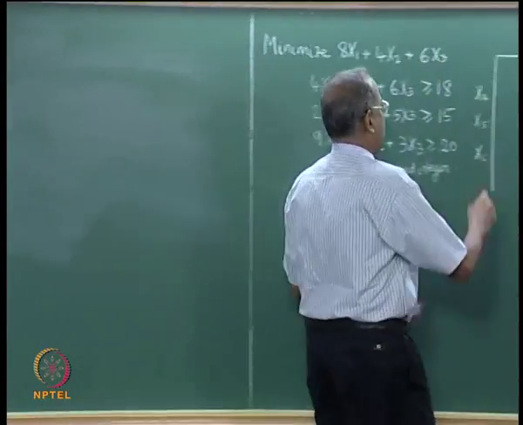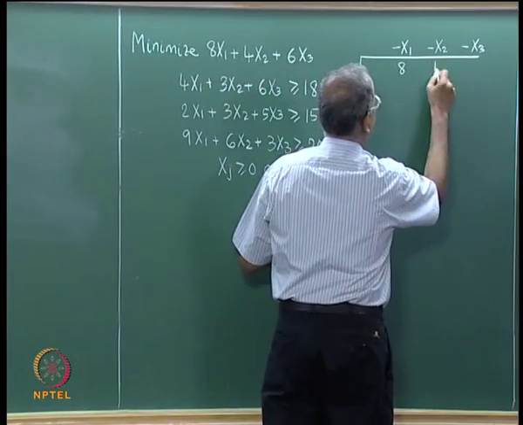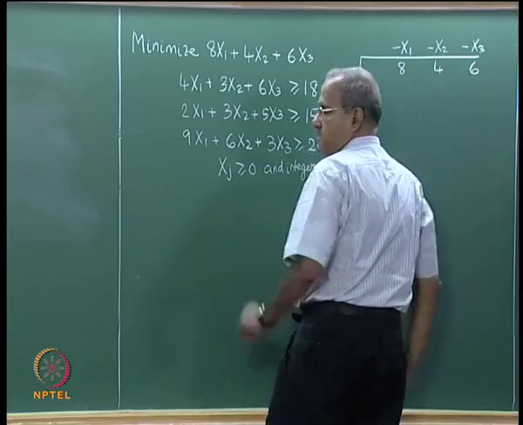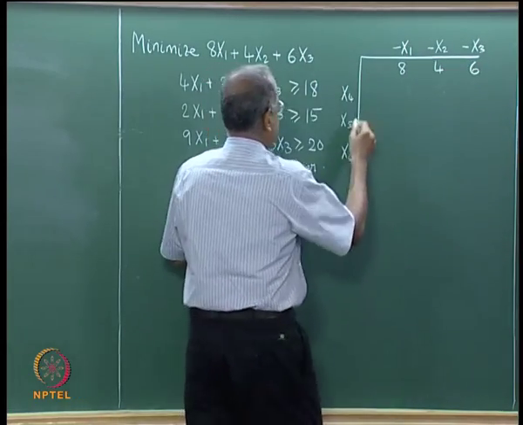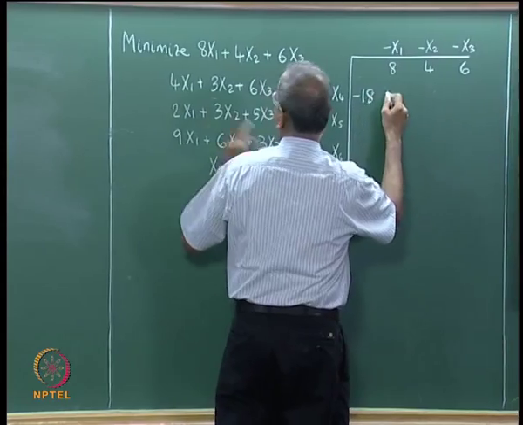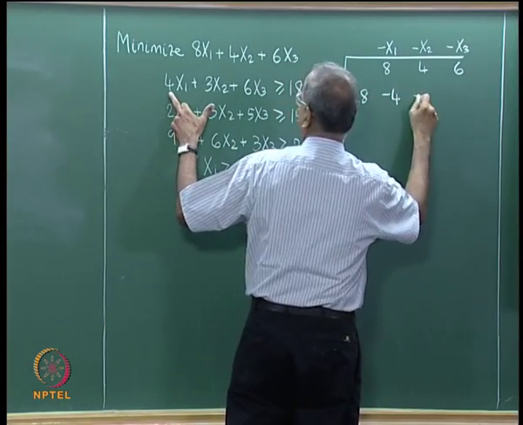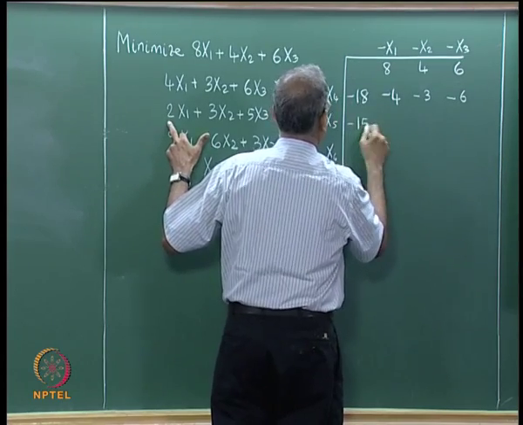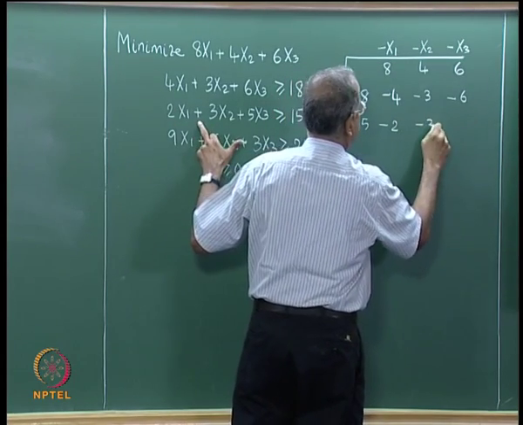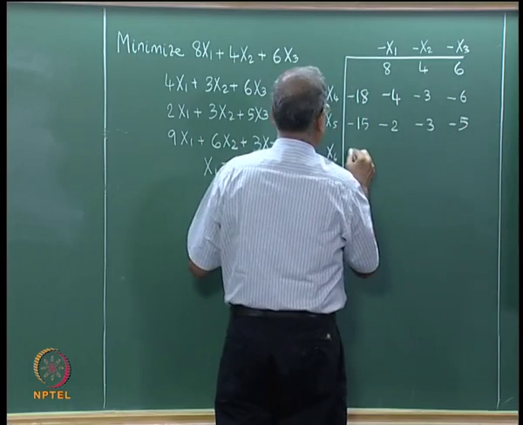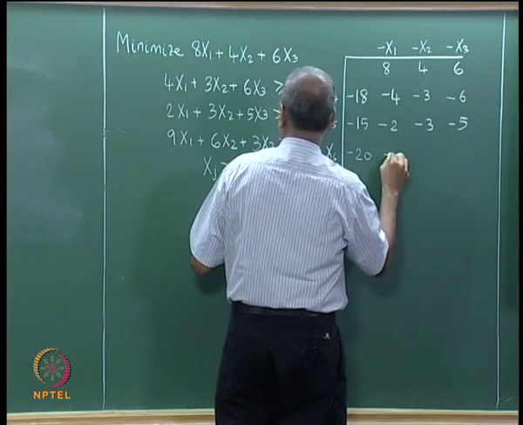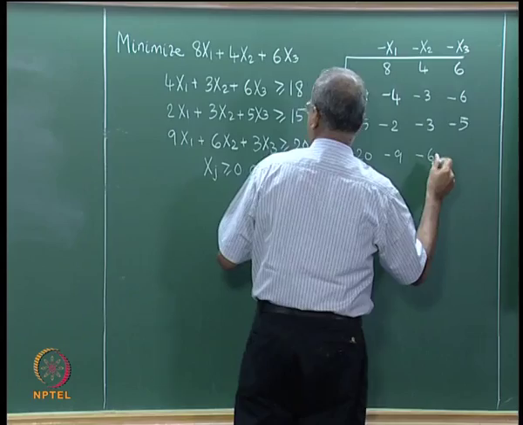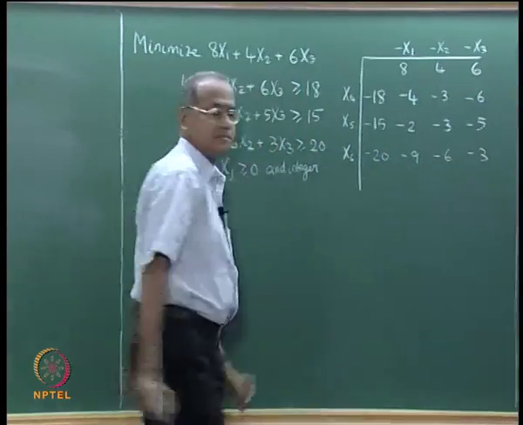So this will become 8, 4 and 6. Dual is feasible, primal is infeasible. So minus 18, minus 4, minus 3, minus 6, minus 15, minus 2, minus 3, minus 5 and minus 20, minus 9, minus 6 and minus 3.